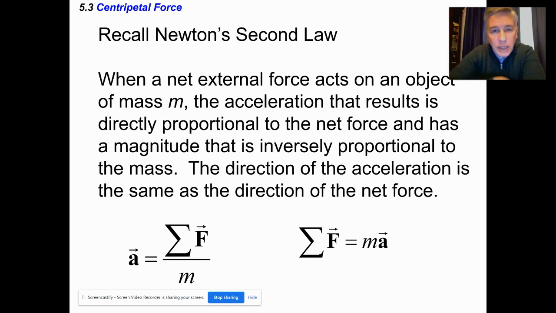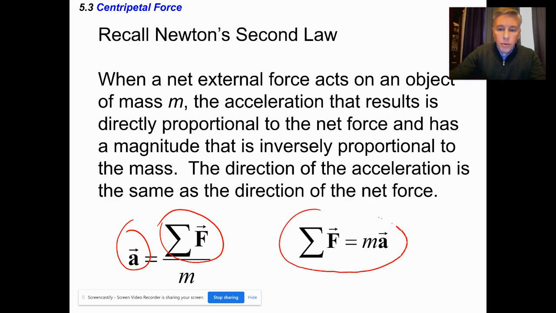Now, going back to Newton's second law, we know that if you're going to have an acceleration, it has to be caused by a force. There has to be a net external force acting on that object. So acceleration is equivalent to the net force acting divided by the mass, or in other words, net force is equal to mass times acceleration.